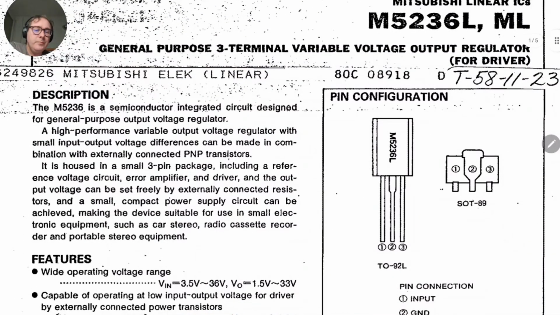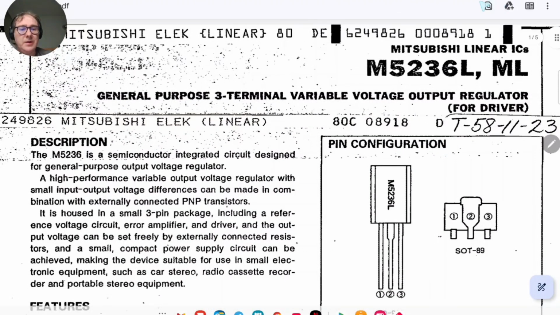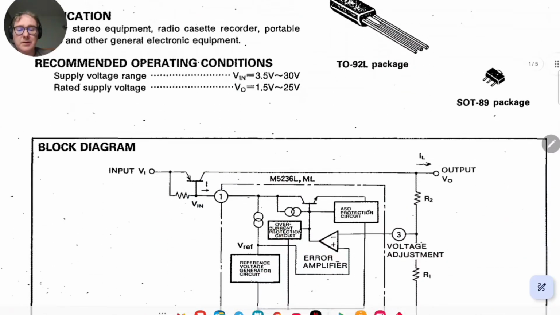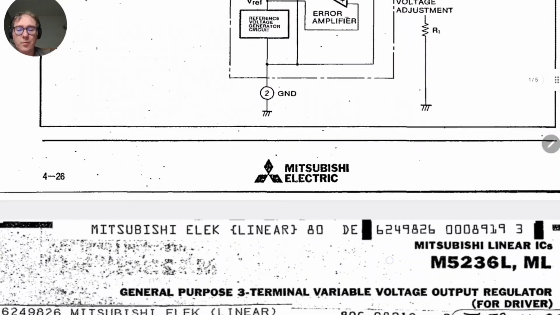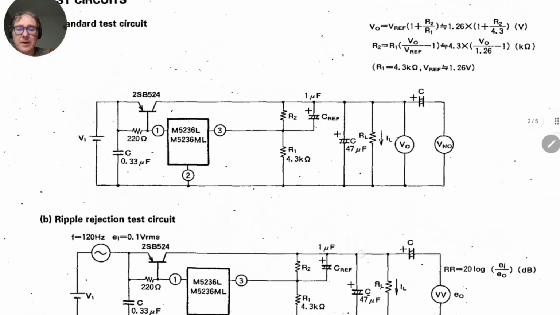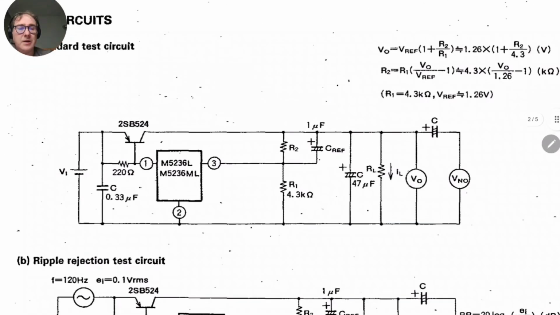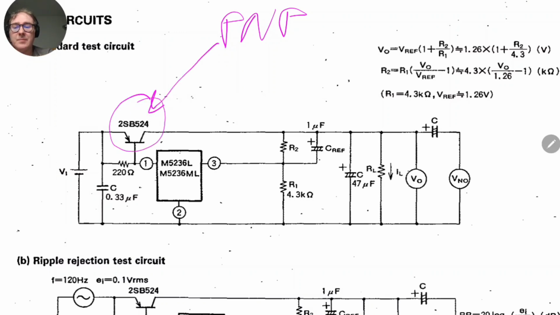And this is it. So the regulator is this device with 3 legs, 1, 2, 3, and it is used with an external PNP transistor, which is actually this one.